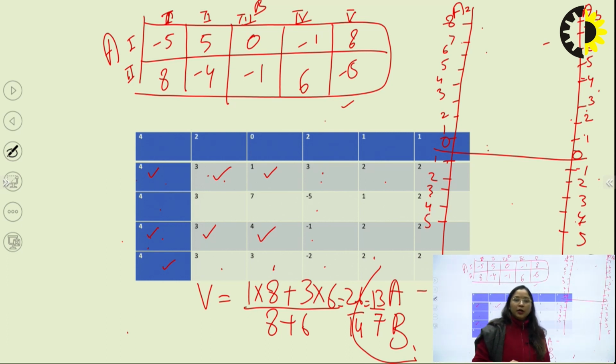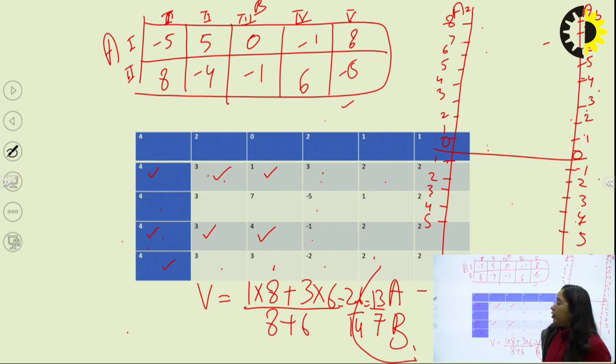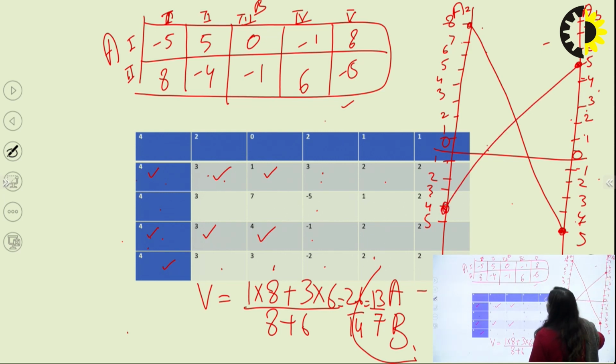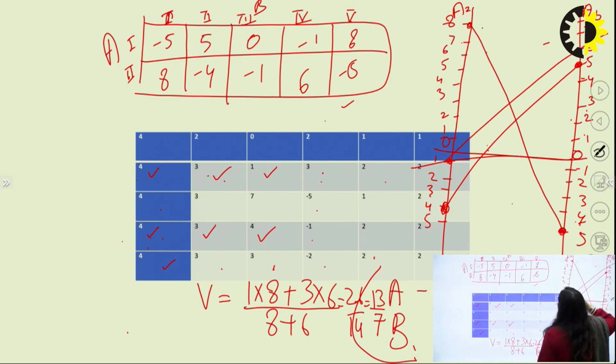Now we will plot these points on the graph. For example, A1 is minus 5 and this is 8. I will tell you one more thing while doing this problem. A2 is 5, A1 is 5 and minus 4. 0, minus 1 and minus 1 and 6.